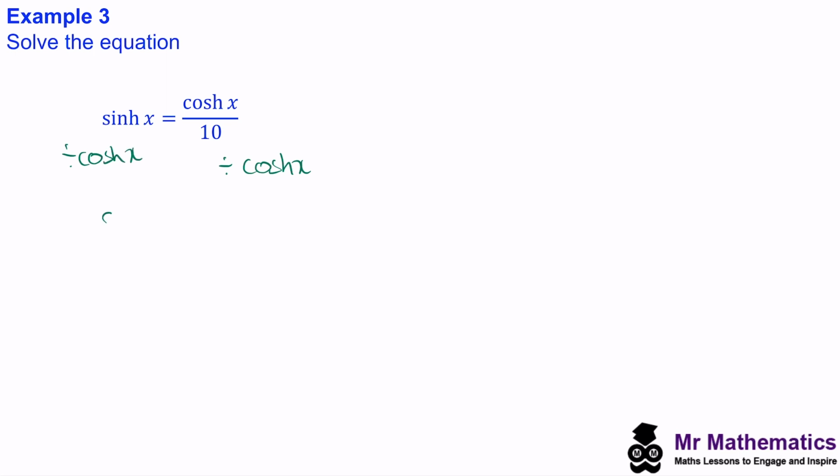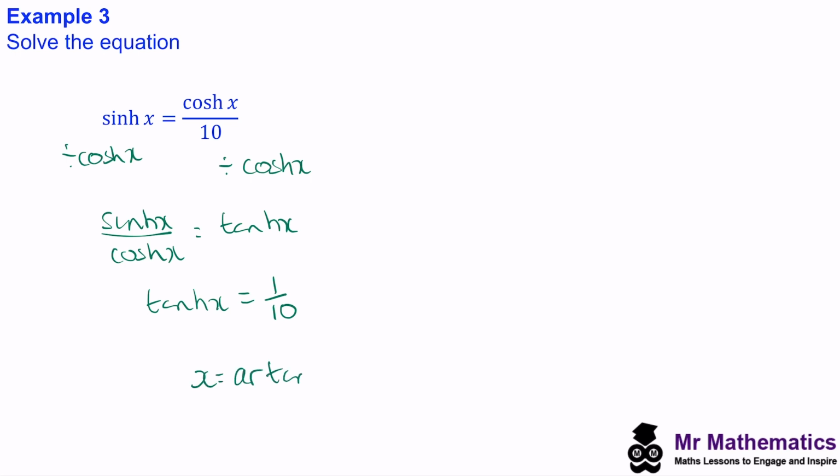Because what we'll have is the sinh of x divided by the cosh of x equals tanh of x. So now we have the tanh of x is equal to 1 over 10. And by taking the arc tanh of both sides, we're left with x is equal to the our tanh of 1/10, which is approximately 0.1.